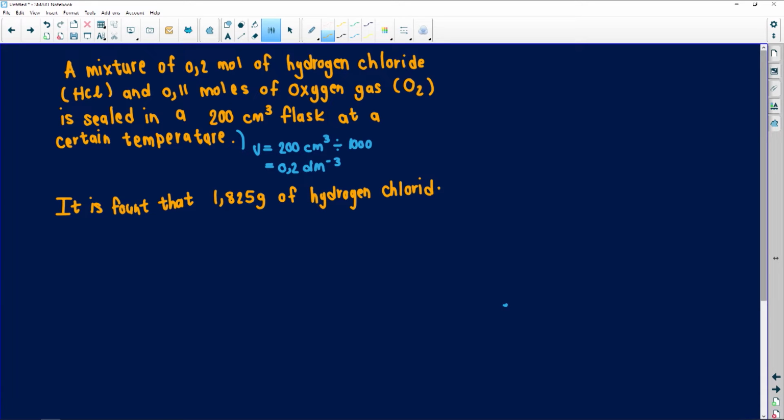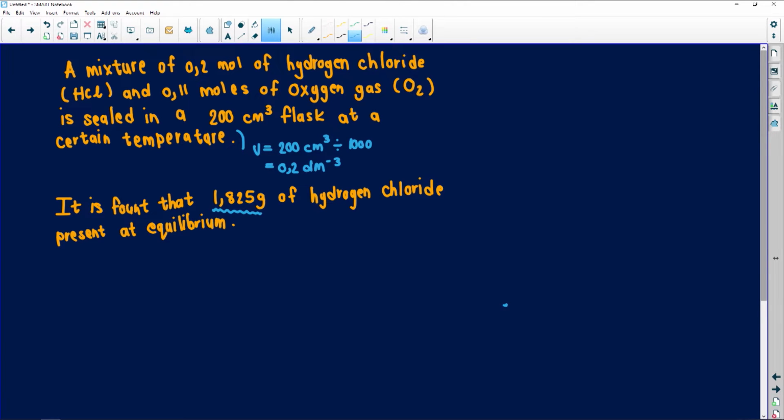So we have 1.825 grams of hydrogen chloride present at equilibrium. Remember, spelling doesn't count in physics, but let's not make those mistakes. So now it's telling us we need to calculate the value of Kc. Now, another step that I've picked up, this is going to give us a bit of an issue. I'm going to show you 2 ways you can do it, Njabulo.